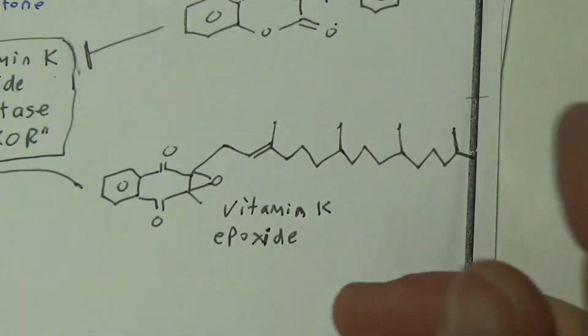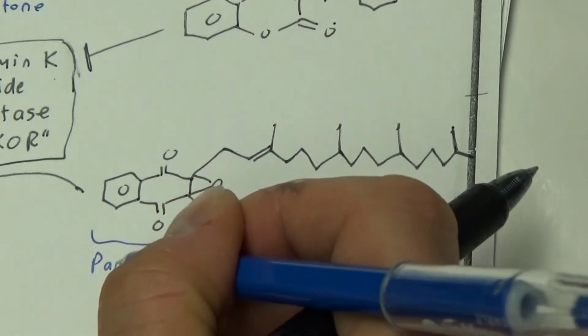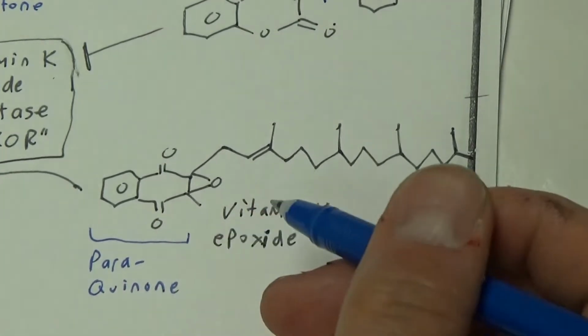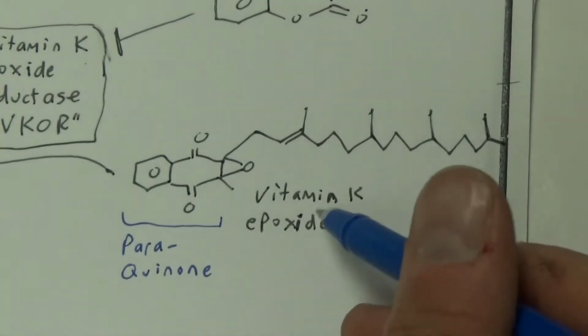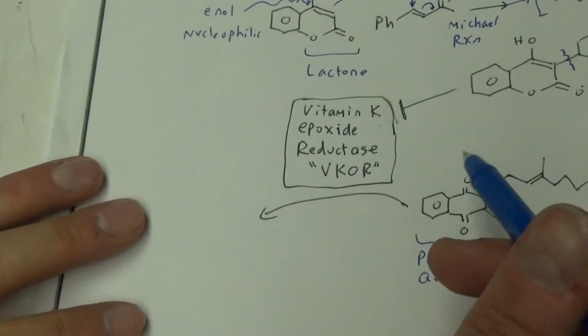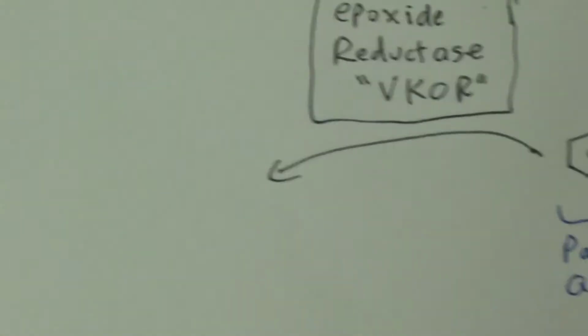Let's draw that. Paraquinone. Okay. And when this gets reduced, what does the structure look like? Then we'll talk about where vitamin K comes from. The big thing is that the epoxide's going to be gone. So let's draw that.